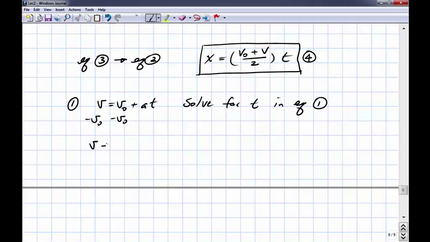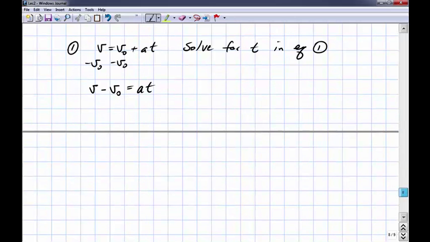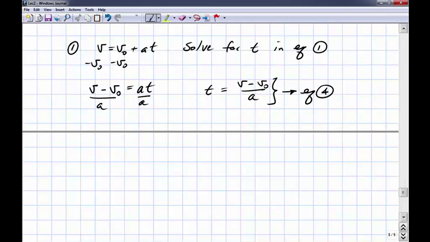On the left-hand side, that will produce v minus v0, and on the right side, we have a times t. Next, we'll divide both sides by a, and that will produce a time of v minus v0 divided by a.